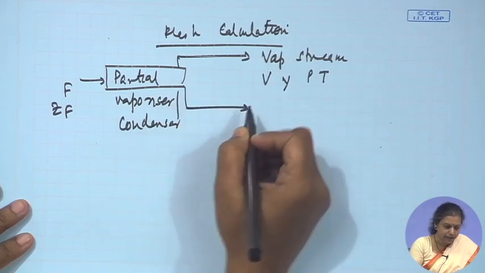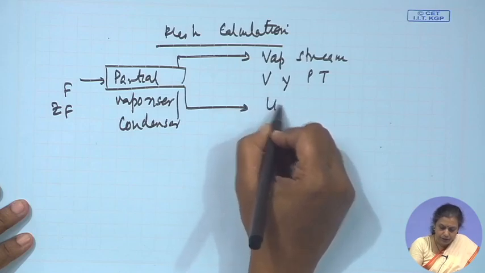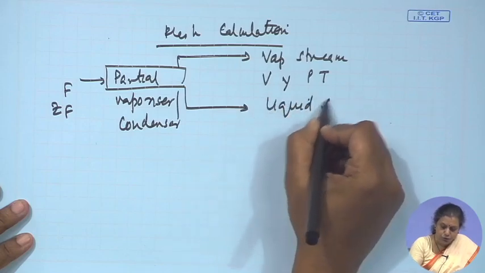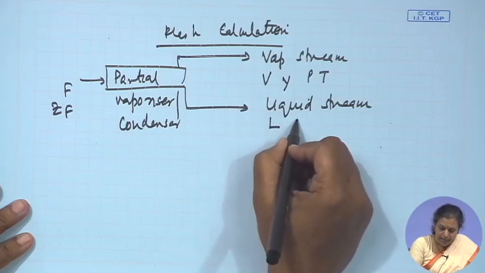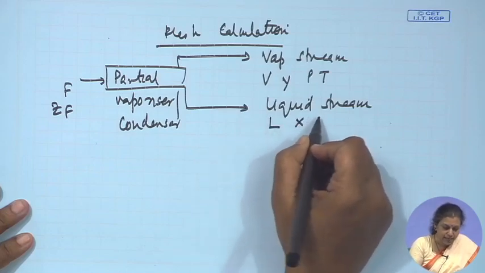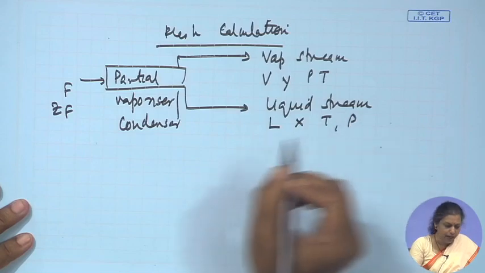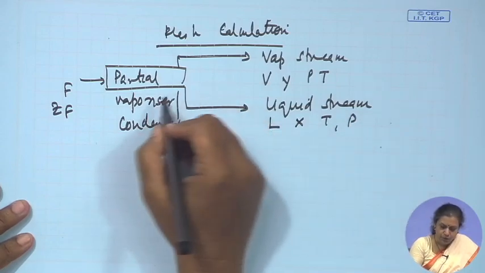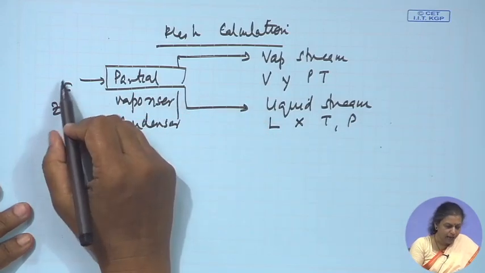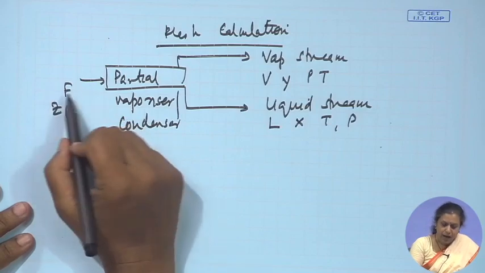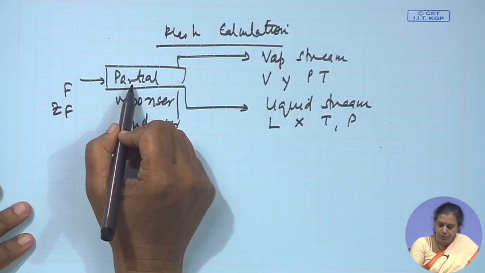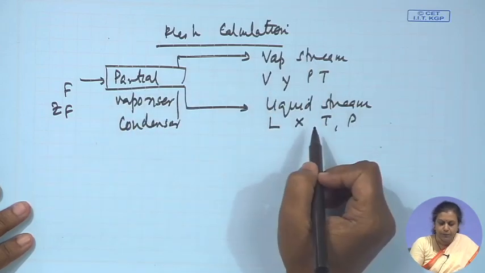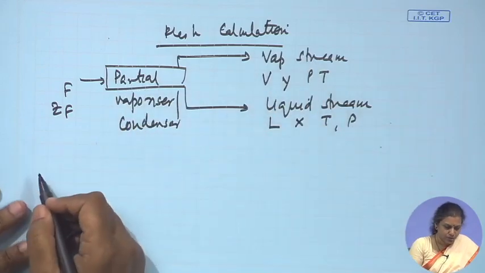I also get a liquid stream, again with the total moles of liquid being L, the composition X, and the temperature and pressure conditions. So, what I have done is just flash any particular liquid or vapor mixture for partial separation into a vapor stream and a liquid stream.